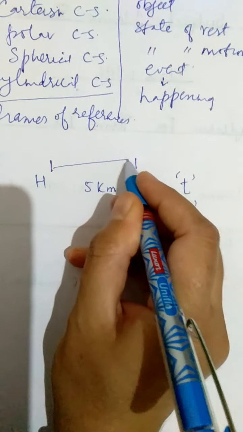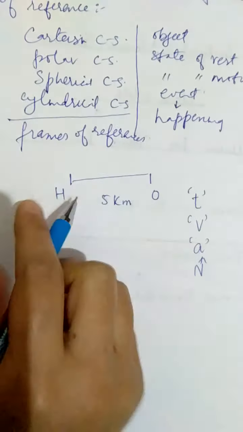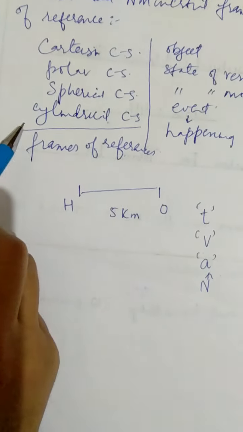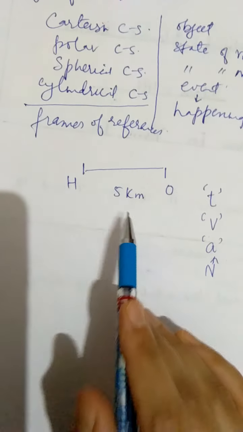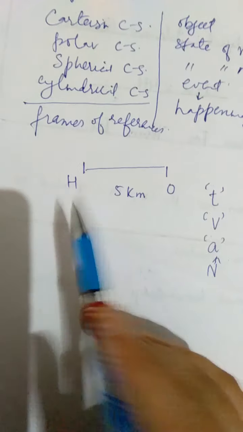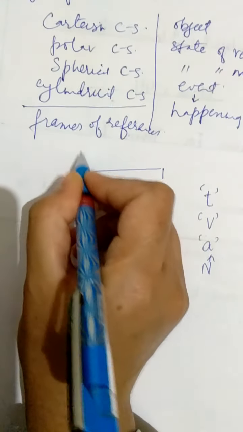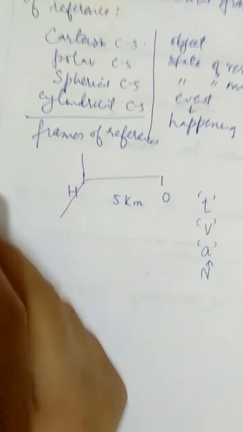I am able to do this by specifying the event with respect to a particular frame of reference. That gives an exact description of the event, because we cannot describe events in air. We have to begin from a certain referral point, and that frame is called the frame of reference.